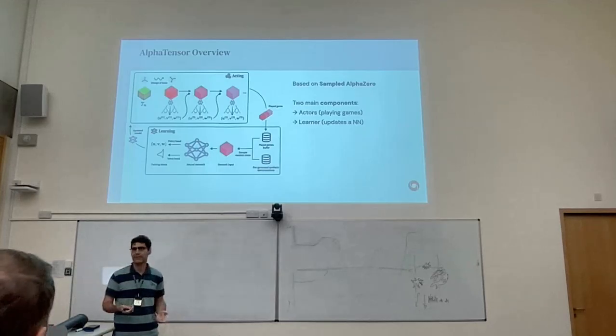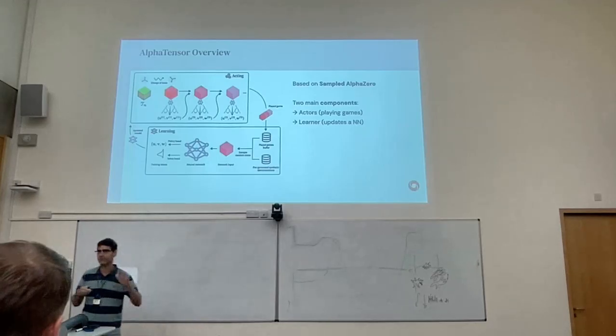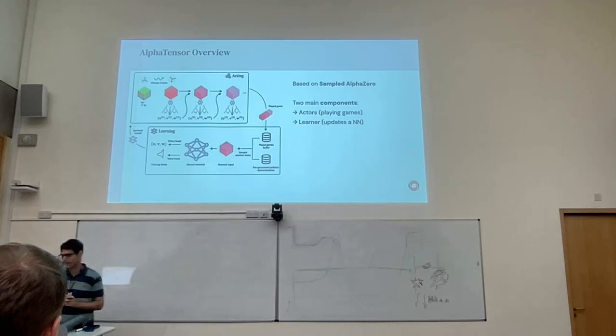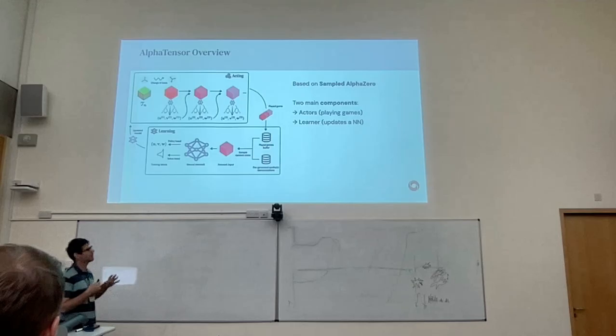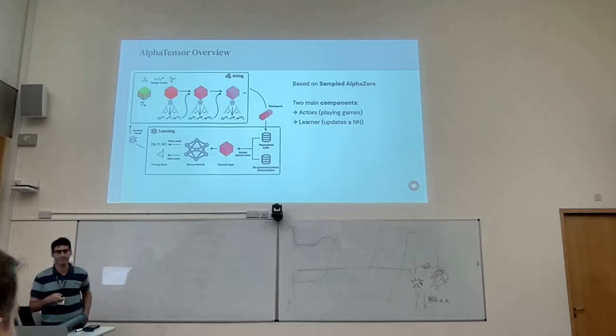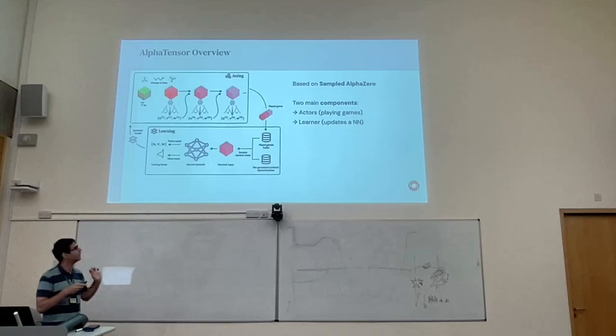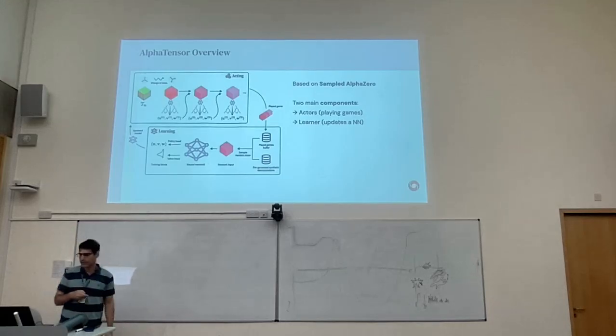There are many other symmetries that we try to relax, incorporate, or take care of. If anyone is interested, I'm more than happy to talk about that offline, but for the purposes of the talk, I will just very briefly highlight some of the components of AlphaTensor.